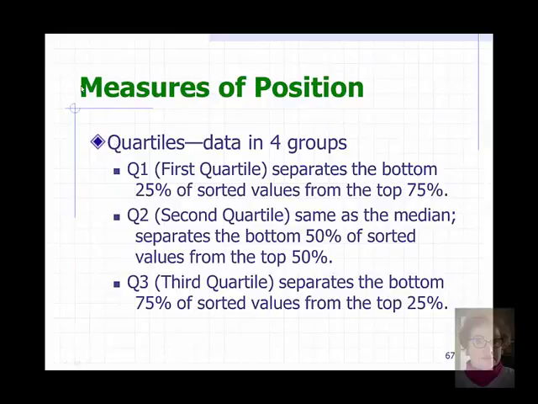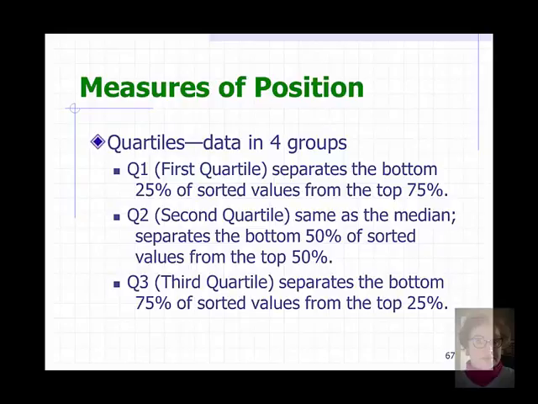Now, another set of measures of position are called quartiles. And I will say this may be one of the more useful measures of position that we're going to use for quick data analysis. We will be using z-scores extensively later, but when we just want to get a quick picture of the data, quartiles work.